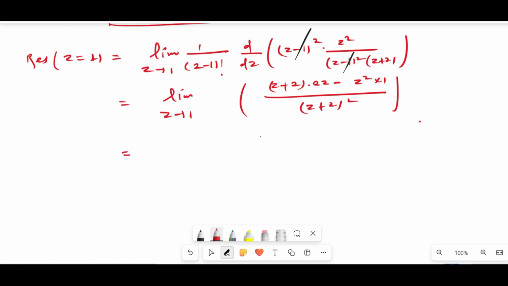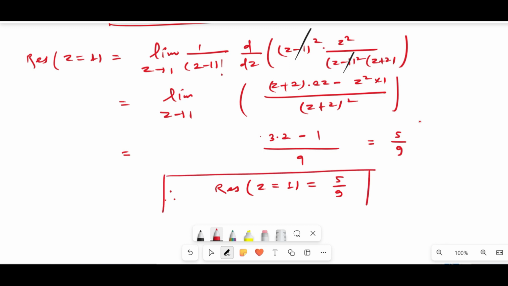We will get 1 plus 2, that is 3, multiplied by 2, minus 1, over 3 square, that is 9. So that is 5 over 9. So we can write here the value of the residue at z is equal to 1 is equal to 5 over 9, and this is our required answer.